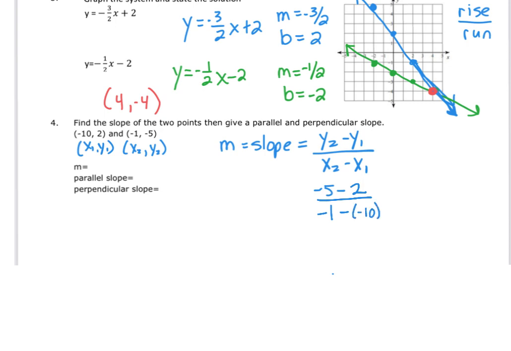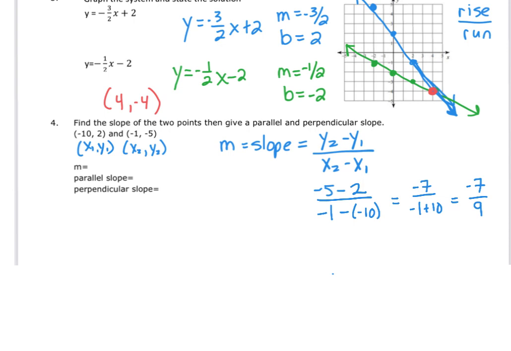If I simplify, on top negative 5 minus 2 is negative 7, divided by negative 1 minus a negative 10. That is the same thing as negative 1 plus 10, which simplifies to negative 7 over 9. So this is the slope of the line given those 2 points.